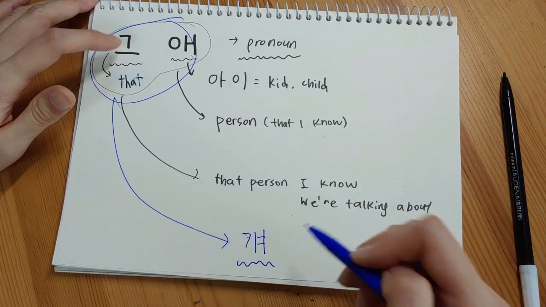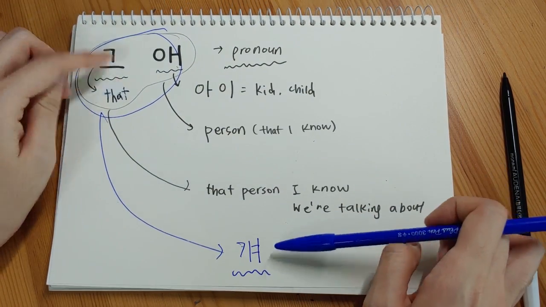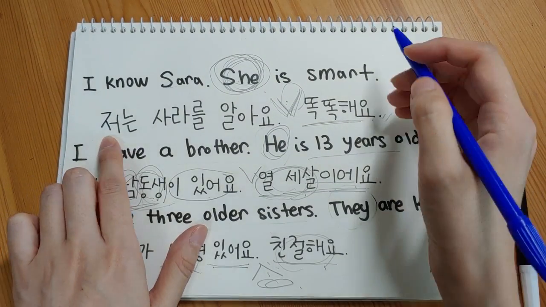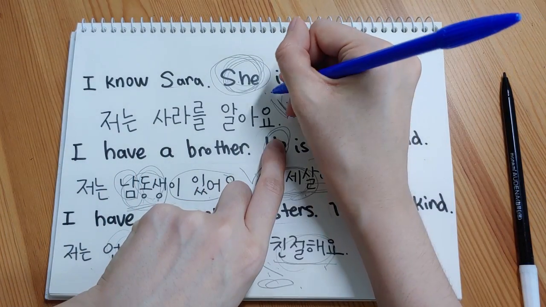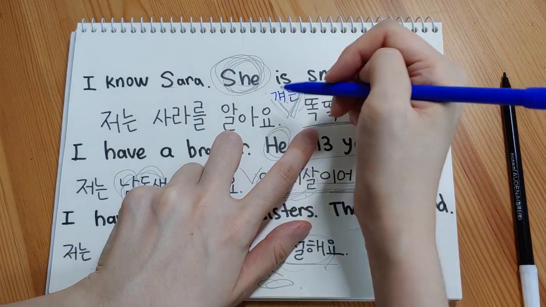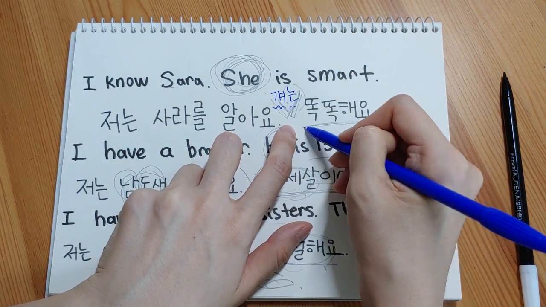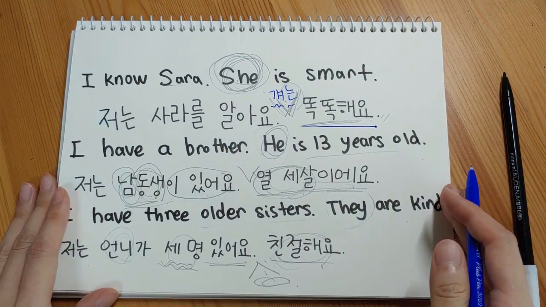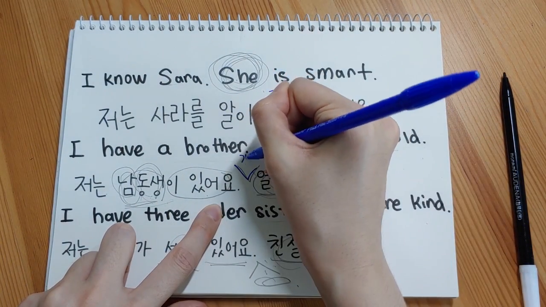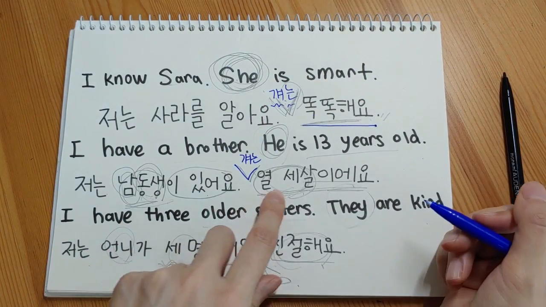It's just that 걔 is an abbreviated form and they both mean that person. So what you can do here is you can say 저는 사라를 알아요. You can say 걔는 똑똑해요. She, subject marker, is smart. She is smart. And also for here, 저는 남동생이 있어요. 걔는, he is 13 years old.